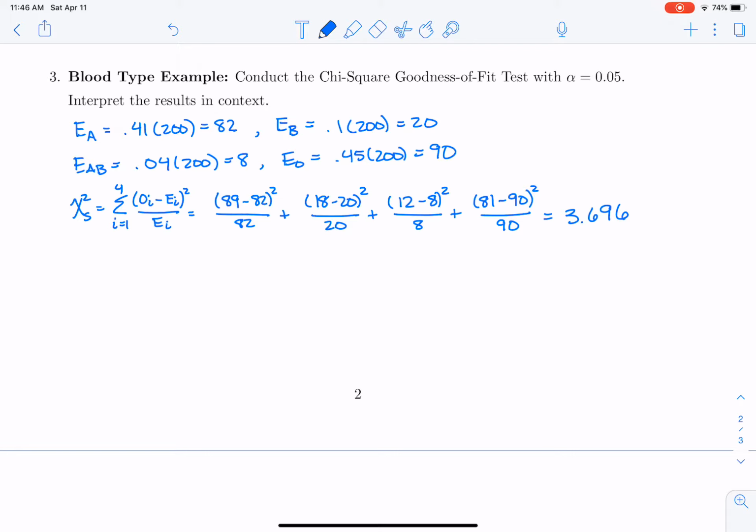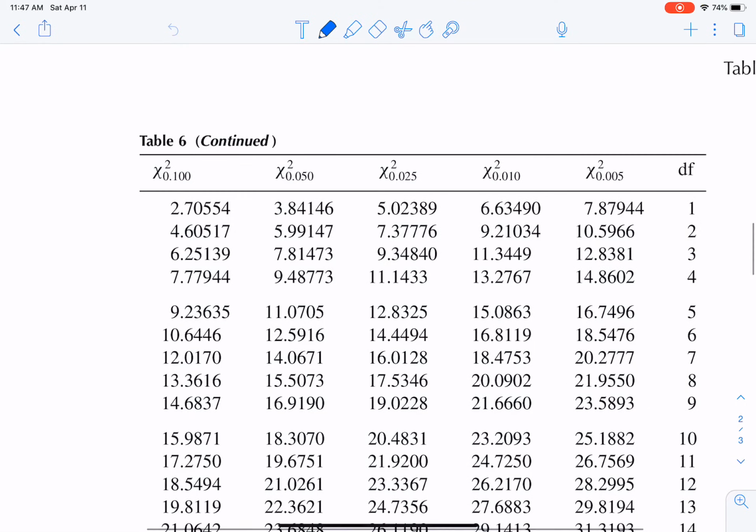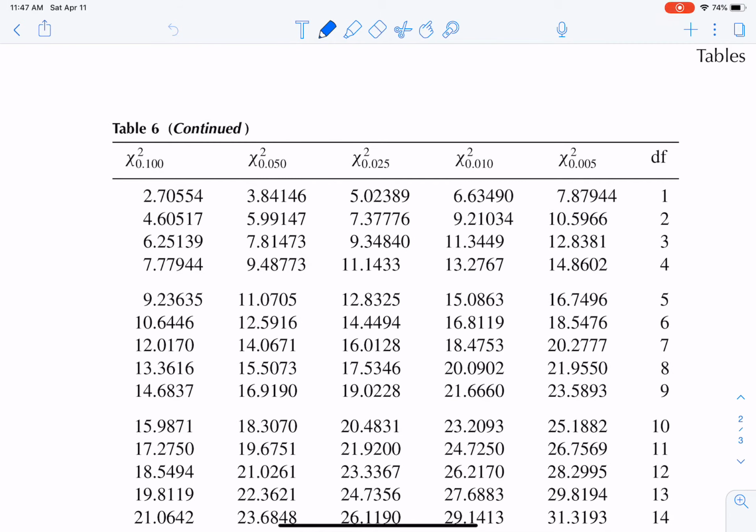Okay, so remember that chi-squared statistic, 3.696, because now we have to figure out what our rejection region is. Our rejection region is going to be chi-squared greater than chi-squared for 5%. And so we need to look at what is the chi-squared value for 5%. So I'm going to go to my chart, and the 5% chi-squared value for 3 degrees of freedom is going to be 7.81. So the degrees of freedom is 3 because the number of categories was 4. Okay, and I want you to notice that we had a chi-squared statistic of 3.696.